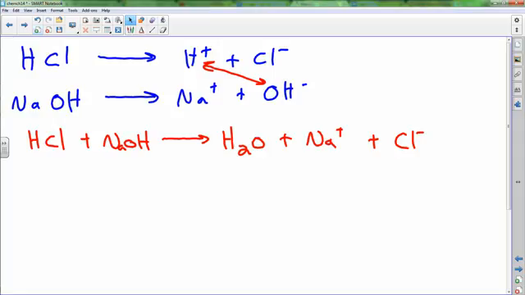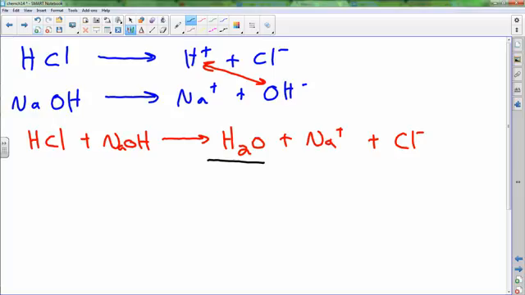Okay? So those hydrogen ions and those OH ions that would have otherwise been floating around in solution, making it very acidic or very basic, have met up and formed a water molecule. And because they've formed a water molecule, those two things are not going to be contributing to the pH. Because, of course, the water molecule doesn't have anything to do with the pH when it doesn't have an extra hydrogen on it.